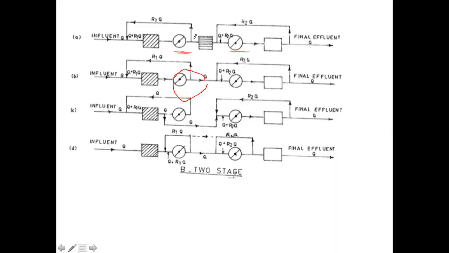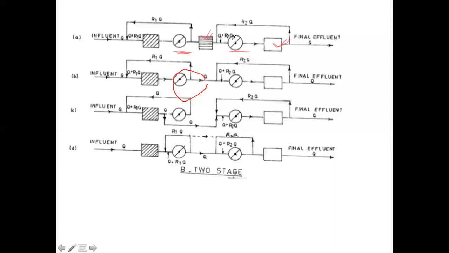One is this one and one is this one, and the recirculation is done for both trickling filters individually. From the first trickling filter, the wastewater is recycled before the primary sedimentation tank. This is a secondary or intermediate sedimentation tank, and this is a tertiary or final sedimentation tank.